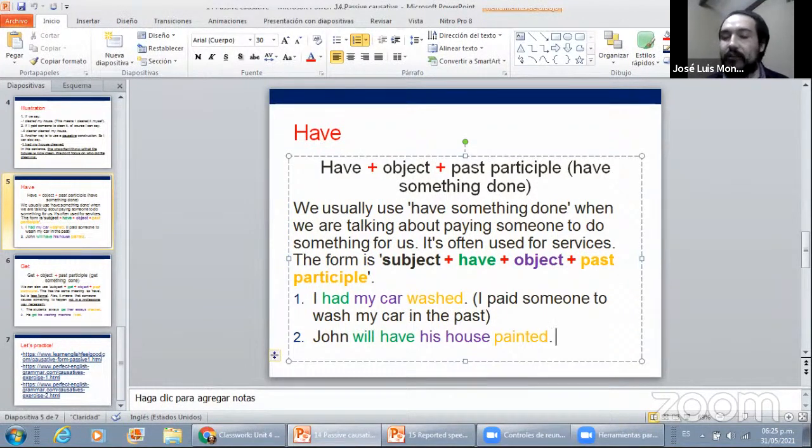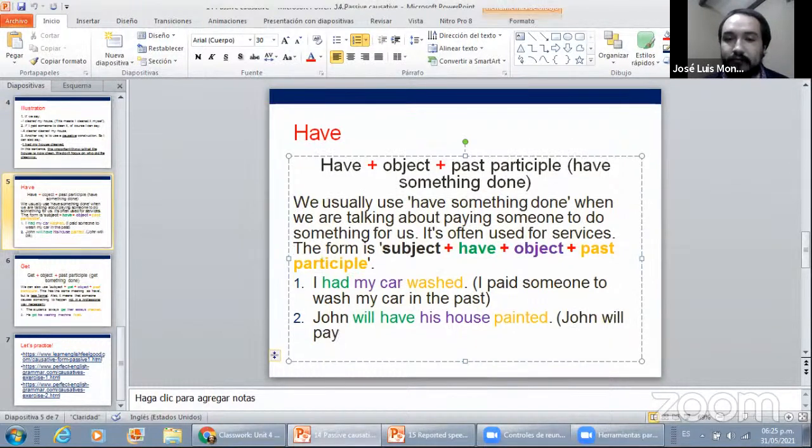But this one is different. John will have his house painted. What is the meaning of this sentence? John, right, will pay someone, right, to paint his house, right?